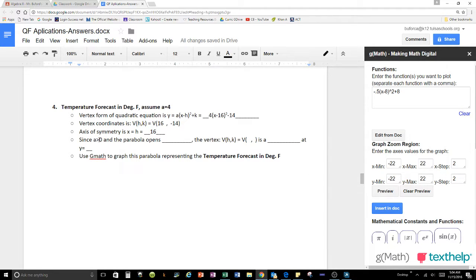Here, a is greater than 0, which means the parabola opens upward. The vertex is at 16 and minus 14.